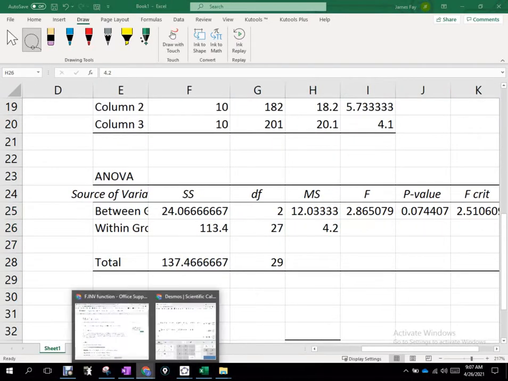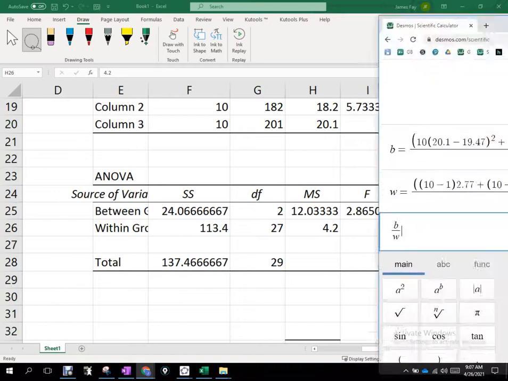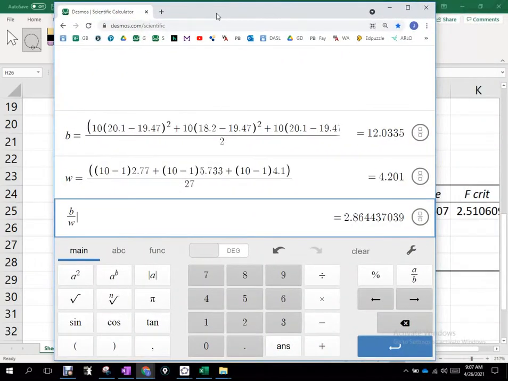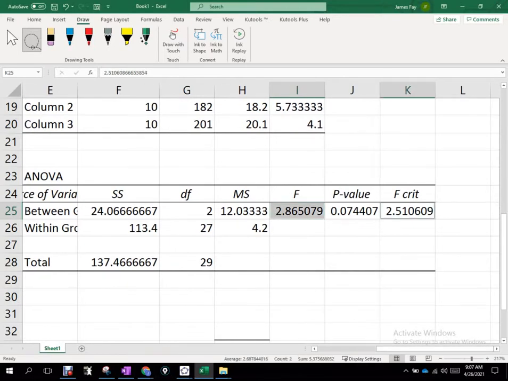If we go back to GeoGebra, because of rounding we got 4.201. But you see those numbers reported. Is that your F statistic that we found, 2.86? We found 2.864 because we had some rounding. They don't do any rounding here. What's nice about this is they give you the information that allows you to compare using critical values.